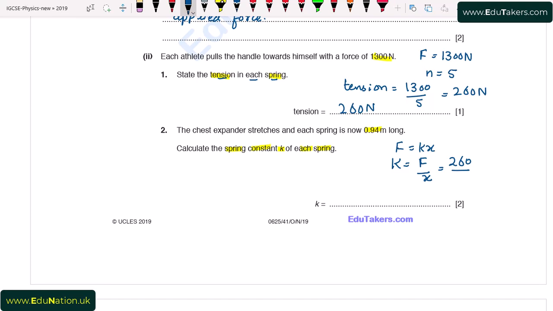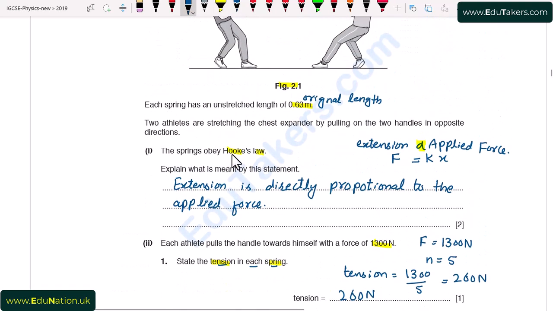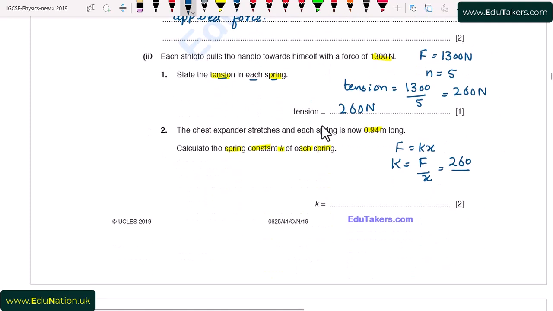So first of all, the initial, that is the original length, is 0.63, and when we extend the springs, the new length is 0.94. So X is equal to 0.94 minus 0.63, and K, that is the spring constant, comes to be 840.